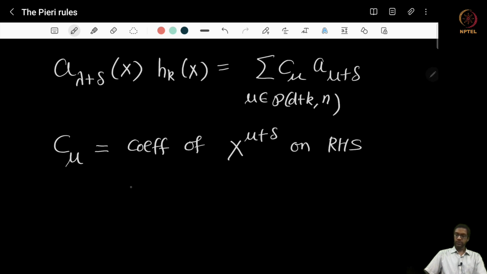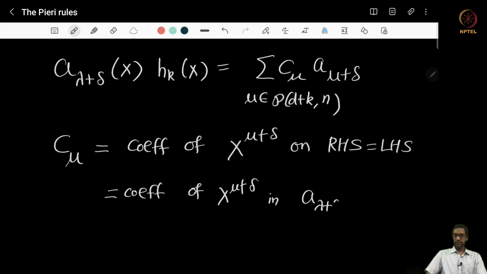So it's the coefficient on the RHS, but therefore that's equal to the LHS. So C mu is nothing but the coefficient of x to the mu plus delta in the product A lambda plus delta times hk.